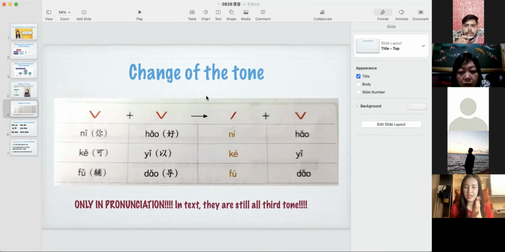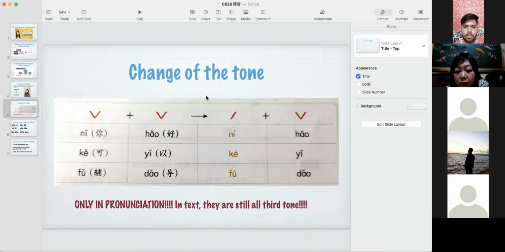So basically, in Chinese pinyin, when two characters are both third tones, like 你好, you change the first character into the second tone. So 3 plus 3, we change to 2 plus 3.